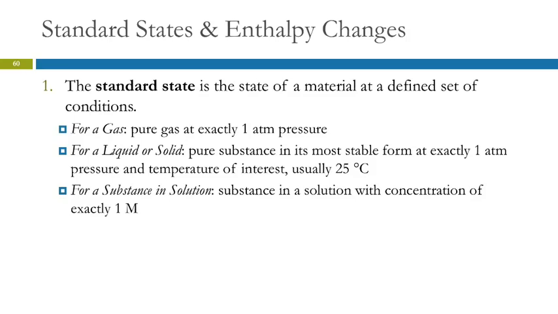If we're talking about a liquid or a solid, we're looking at the pure substance in its most stable form at 1 atmosphere of pressure and the temperature of interest, which is usually 25 degrees Celsius, room temperature. If we're looking at a substance in solution, then we're looking at a solution concentration of exactly 1 mole per liter. So that's what we've defined as standard states.